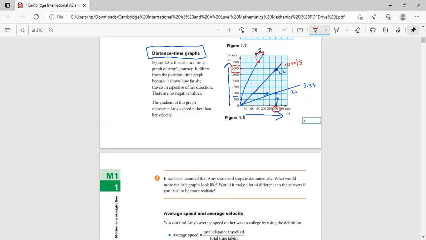So what you discover from here is that the steeper the line, the more the speed. Got this point? So this is the concept of the distance time graph. You can also take a picture of this.